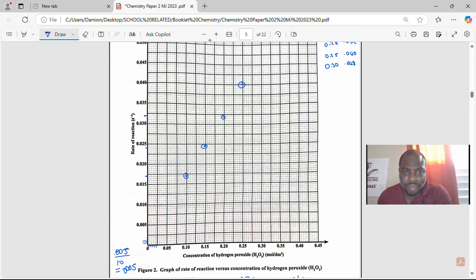The next one is 0.048. So 0.048 divided by 0.0005. What's the answer we get? 96. And again, this is 80, so this is 90, so 96 is right here.